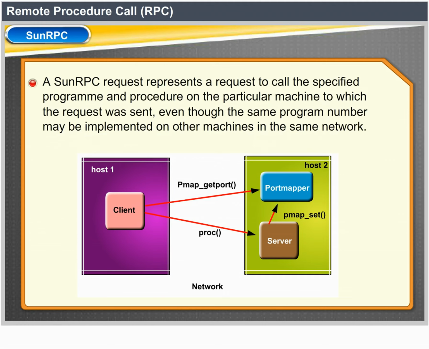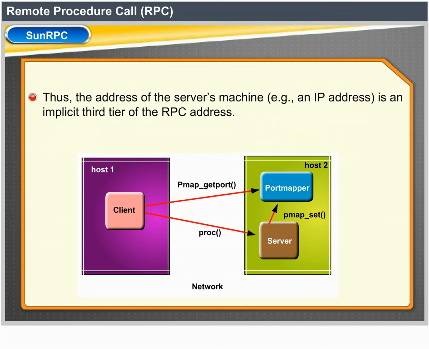A Sun RPC request represents a request to call the specified program and procedure on the particular machine to which the request was sent, even though the same program number may be implemented on other machines in the same network. Thus, the address of the server's machine, for example an IP address, is an implicit third tier of the RPC address.